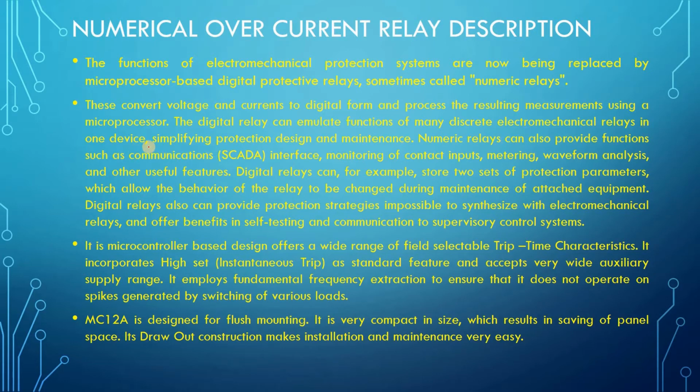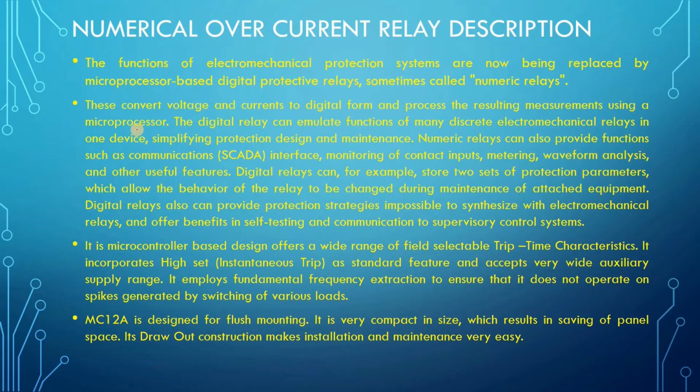That means this relay can have more features than the electromechanical relay due to being digital. It can do more things. It can provide more information to the user compared to the electromechanical relay.